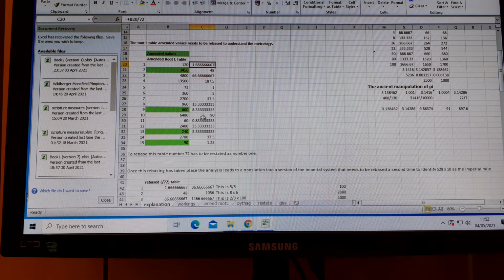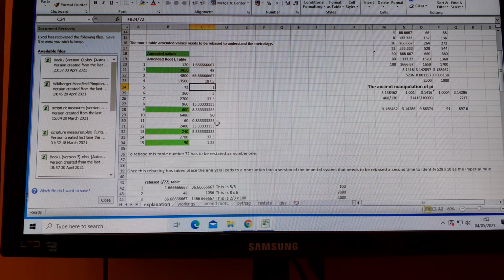So that's what I've done with Plimpton there, and I've called it rebasing because we've got base 1 now in the Plimpton table, which is line 5. Line 6 is 5.